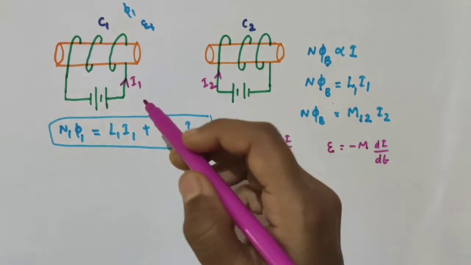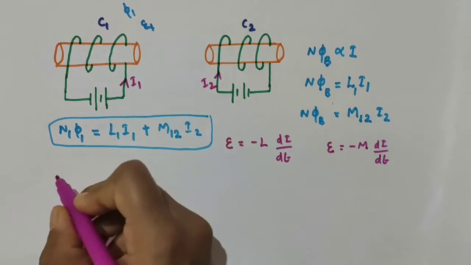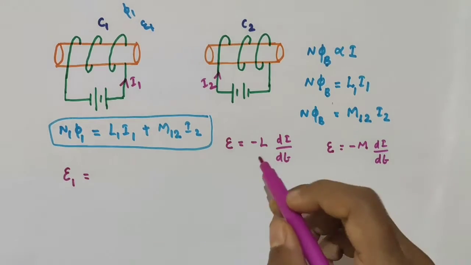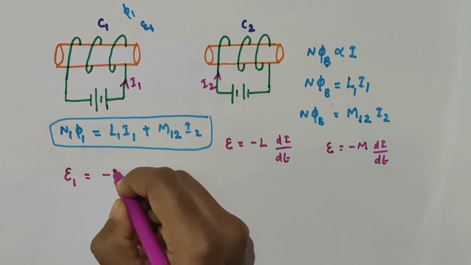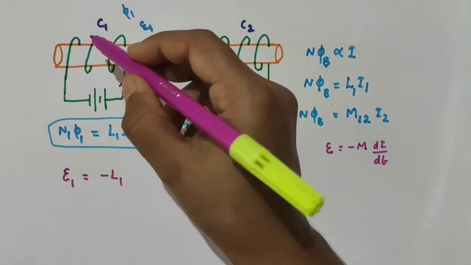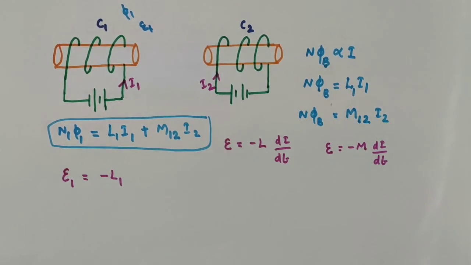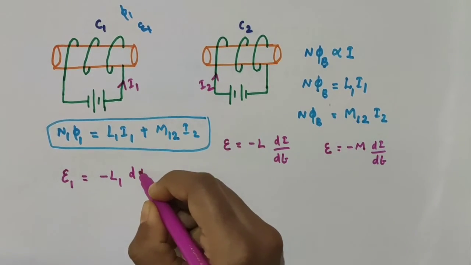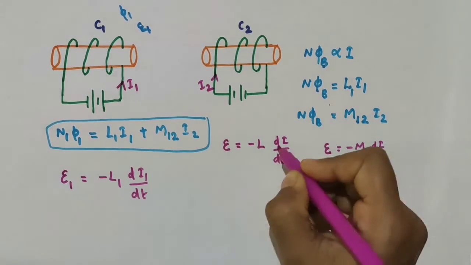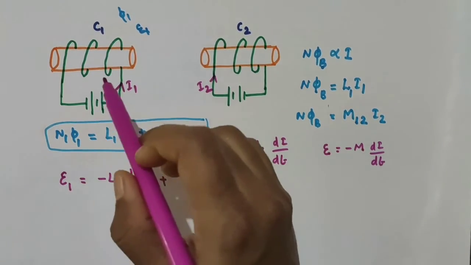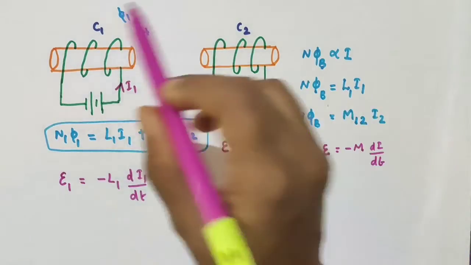Okay, so the EMF induced in this coil C1 can be written as epsilon 1 equal to the self-induced EMF, that is minus L into, I am taking it as L1, the self-inductance of this coil C1. So minus L1 into the current through this coil I1, so di1 divided by dt, plus the EMF induced in this coil due to mutual induction.